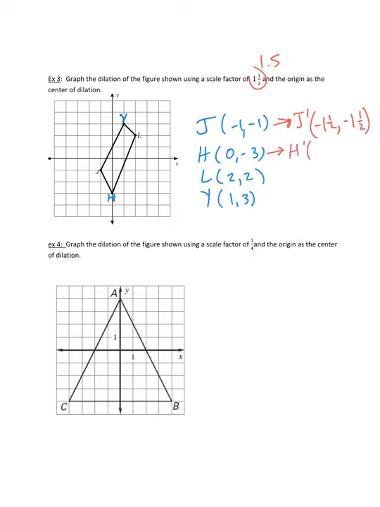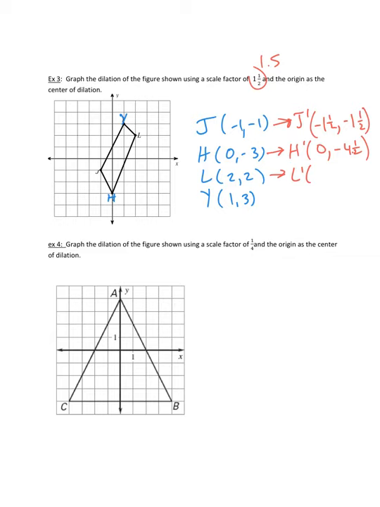H prime, 0. No matter what you multiply by, it's still 0. And then -3 times 1.5 is going to be -4.5.